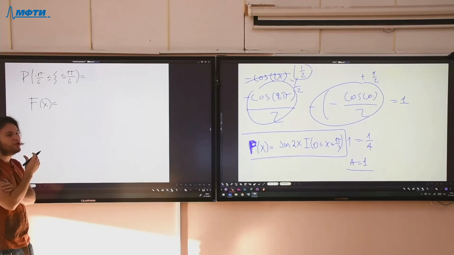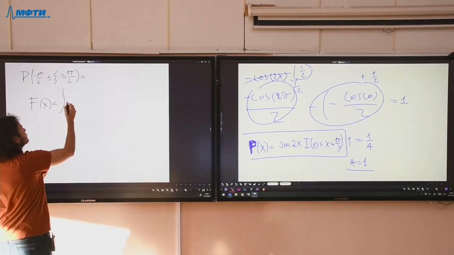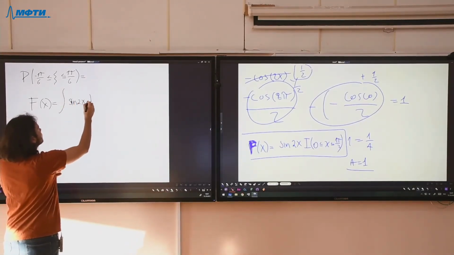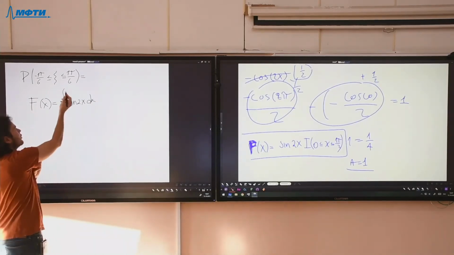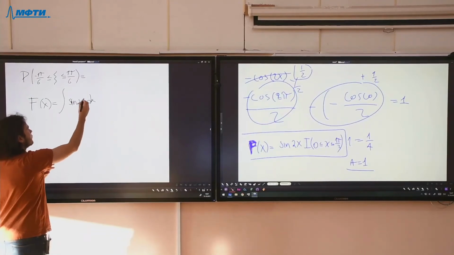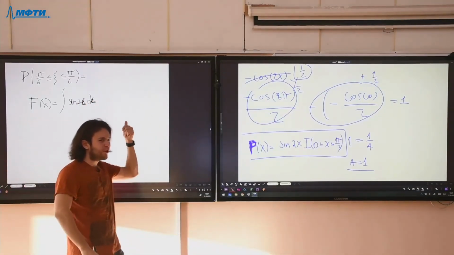So we need to integrate what? From where to where? From minus pi over 6 to pi over 6. No. No. Do you want to find the PDF or do you want to find this probability?